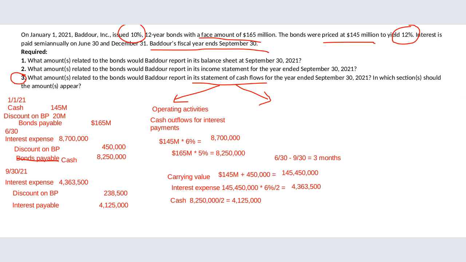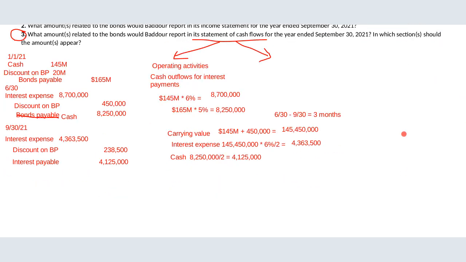All right. Now, they didn't ask, but if they were to ask, and we have the payment on December 31st, then we're going to have a debit to interest payable for 4,125,000, right?